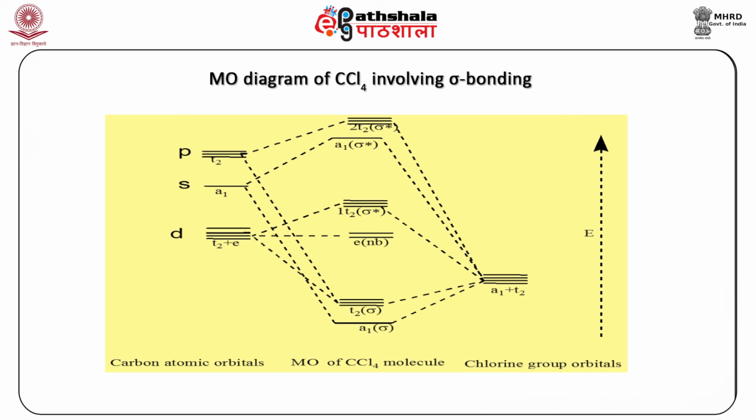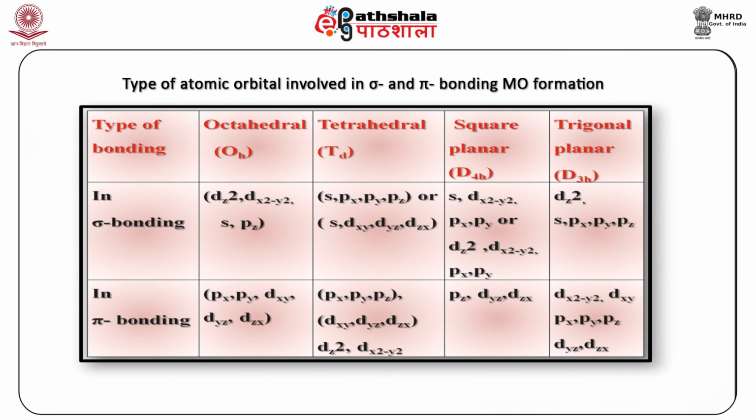The d orbitals, which are also of right symmetry for bond formation, have also been included in the molecular orbital scheme for the CCl4 molecule. The following table gives the type of atomic orbitals at the central atom involved in sigma and pi bonding molecular orbital formation.